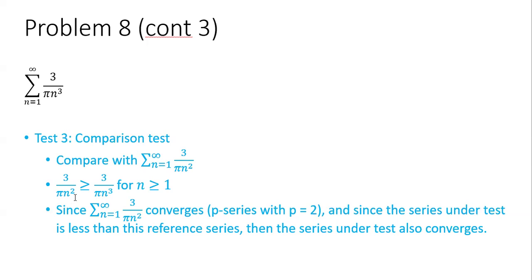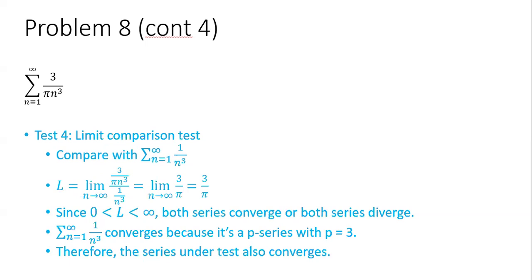Okay. Here's another way to prove the convergence of it. We can also do the limit comparison test. Okay. We can compare with 1 over n cubed. So we do the limit of our series divided by this one. You get 3 over pi. And since this is finite and positive, both series converge or both series diverge.